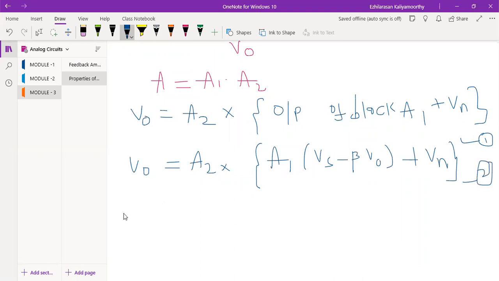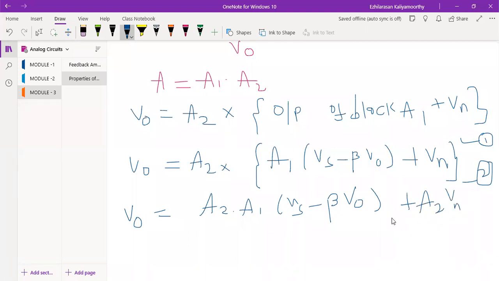Now from this, simplify that: V0 is equal to A2 into [A1 into Vs minus beta into V0] plus A2 into Vn. This is equation number 3. Okay.